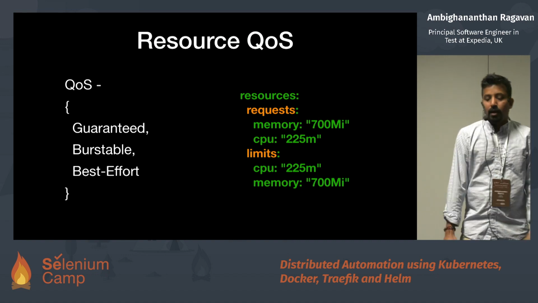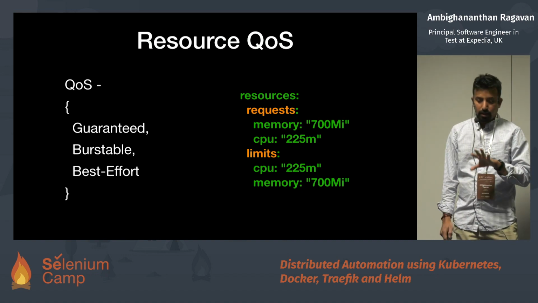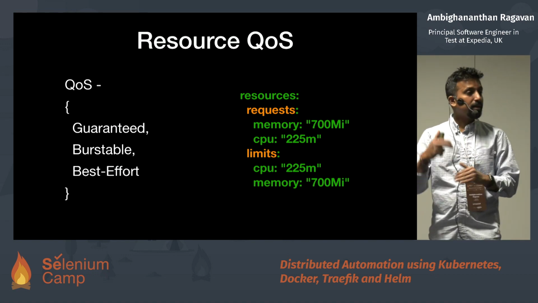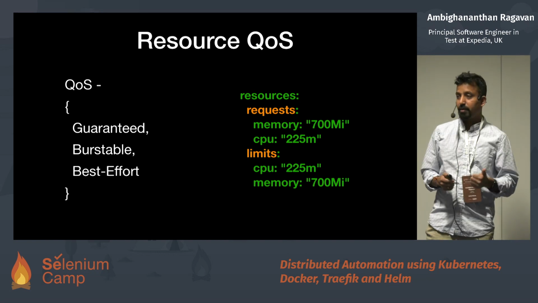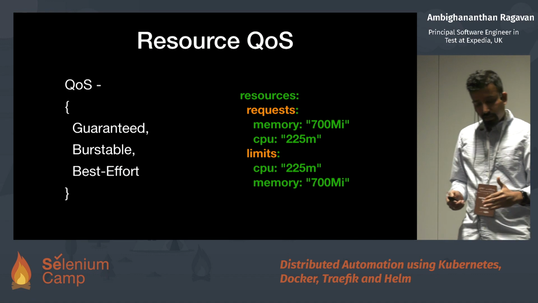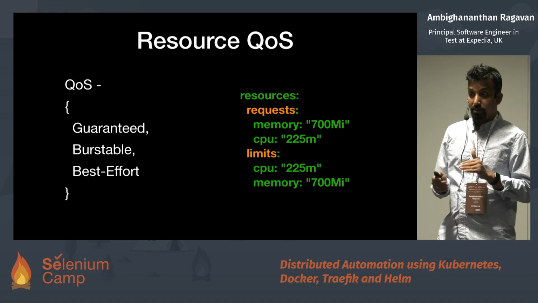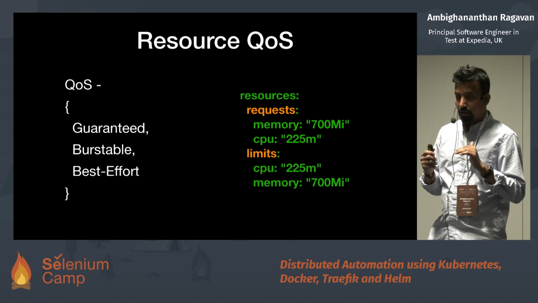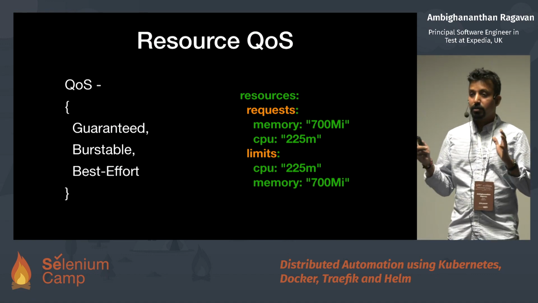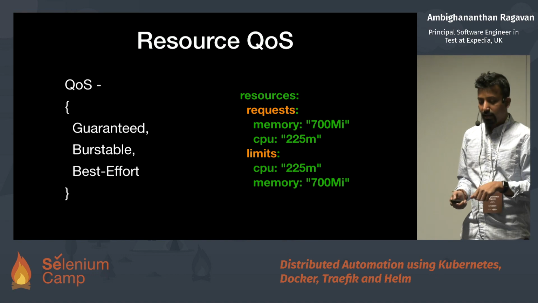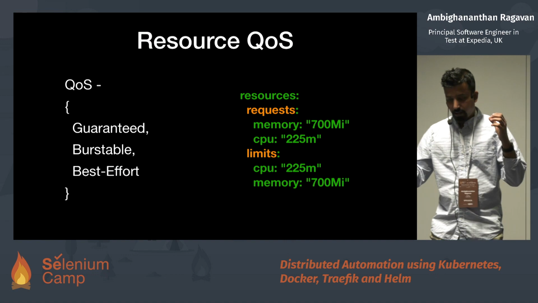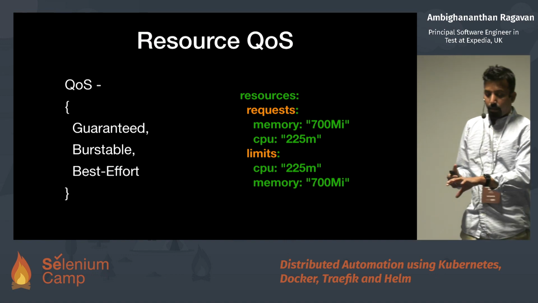And yeah. The other one is resource quality of service. In Kubernetes, this is a concept, and it has three different types. One is called guaranteed, another is burstable, and the third is best effort. I'm going to just talk about guaranteed because that's what I'm interested in, because guaranteed QoS gives you a stable Selenium Grid solution. How can you make your hub or your Selenium solution guaranteed?